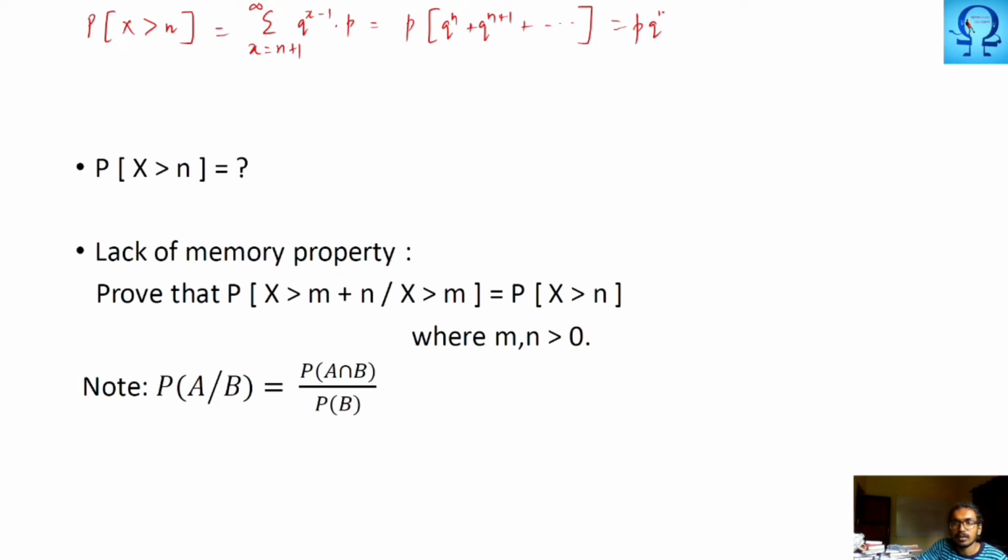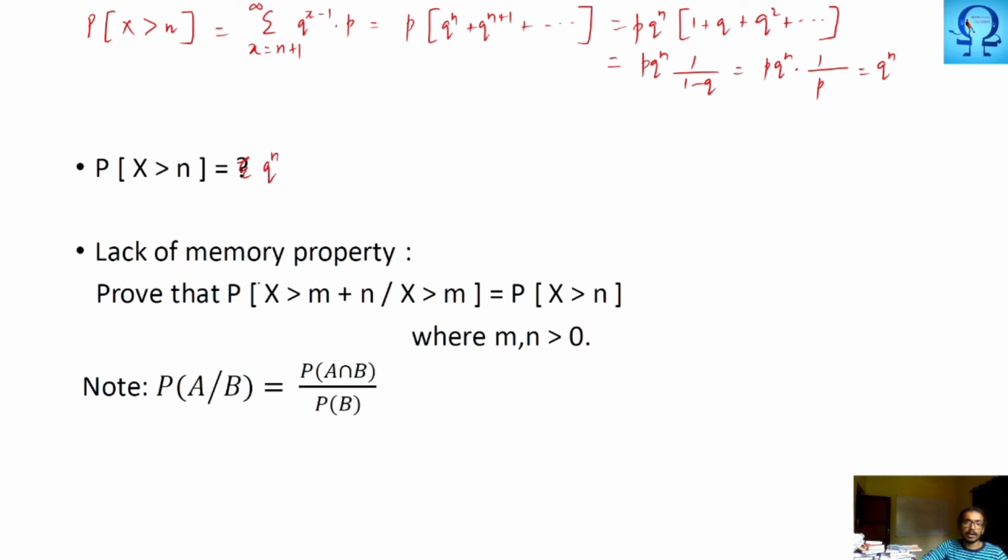Here we just take this q to the power n outside, so it is 1 plus q plus q square etc. So it is p q to the power n. It is again a geometric series with common ratio q, and that q is smaller than 1 since it is a probability. It is 1 upon 1 minus q. What is 1 minus q? It is simply p, right? p q to the power n multiplied with 1 upon p. So this p and p get cancelled. You have q to the power n. So probability of x greater than n is q to the power n.